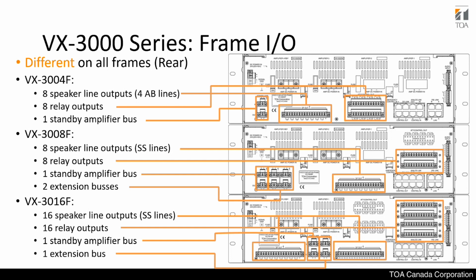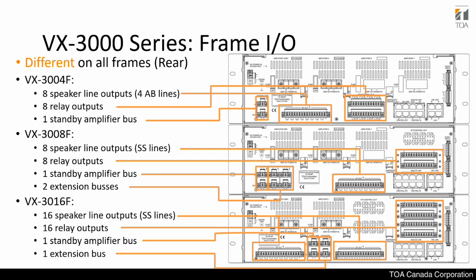So what's the difference between the 3 frames, the 4-channel, 8-channel, and 16-channel frames? Basically, all of them differ in the number of relay outputs and speaker line outputs that they have. The VX3004 has 4 speaker line outputs.